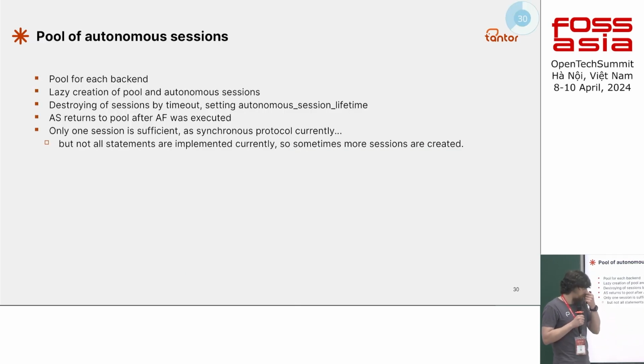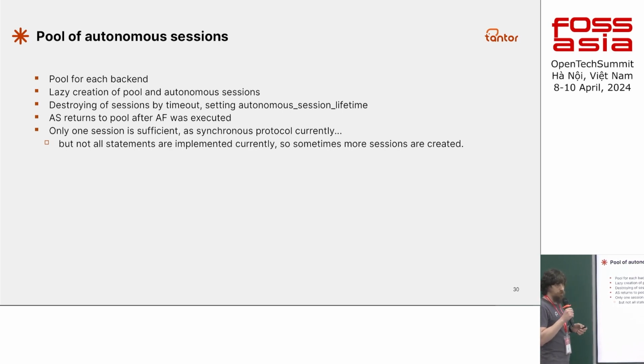So we have a pool, which for each backend is created lazily. We have destroying of sessions by timeout. We needed to clear memory because caches occupy it. And no, this is not beautiful, but it's a simple solution at the current time.